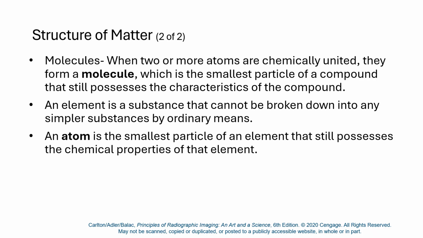Okay? An atom is the smallest particle of an element that still possesses the chemical properties of the element. Now for metals, you do get individual atoms. Oxygen and nitrogen, there's always going to be 2 atoms forming the elemental air molecule that we encounter.